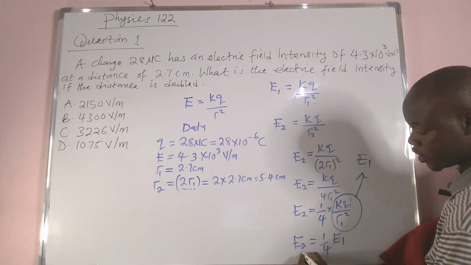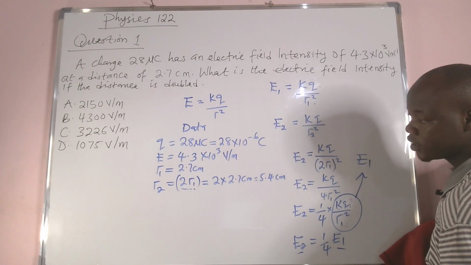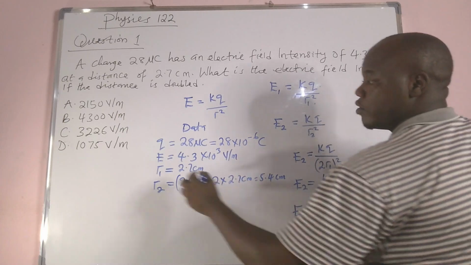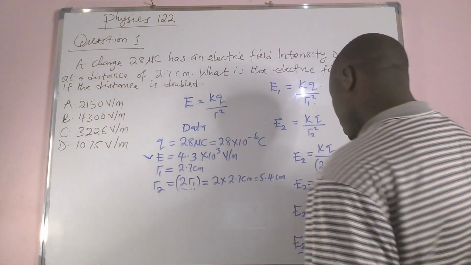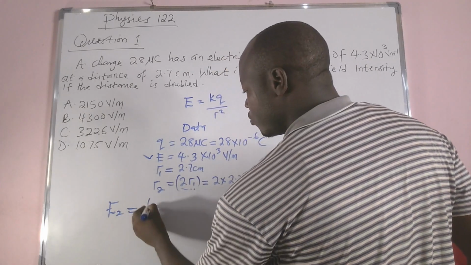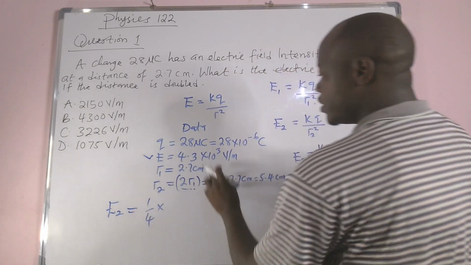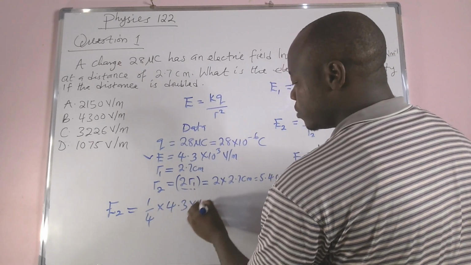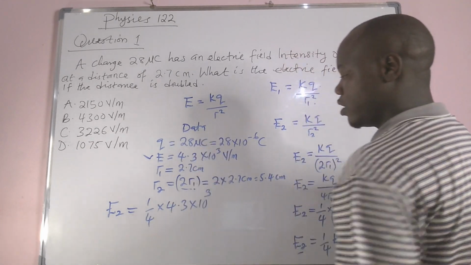So this is electric field intensity 2 and this is electric field intensity 1. To get E2, we already have electric field intensity E1 here. So E2 is equal to 1 all over 4 times 4.3 times 10 raised to the power of 3.